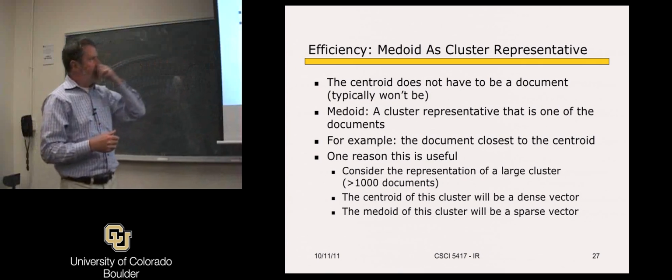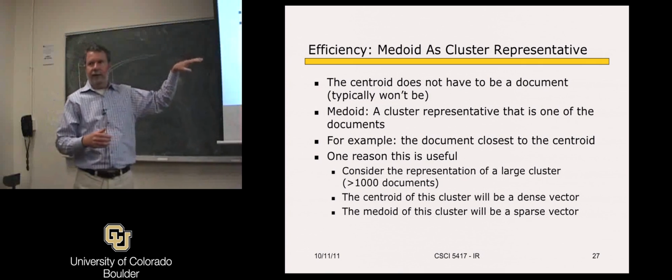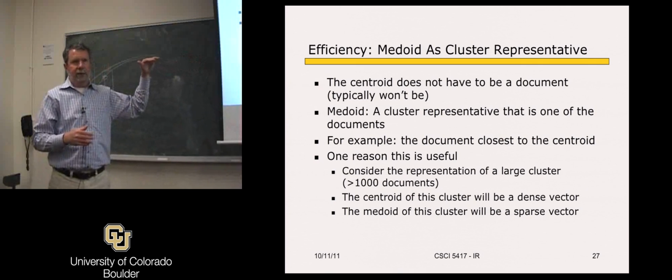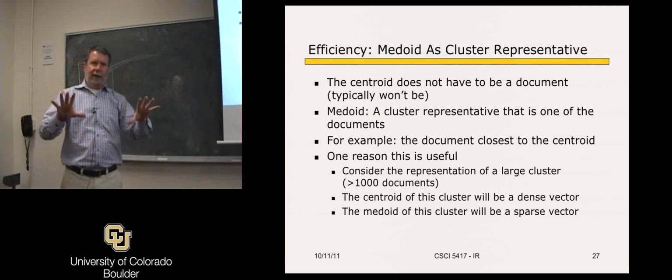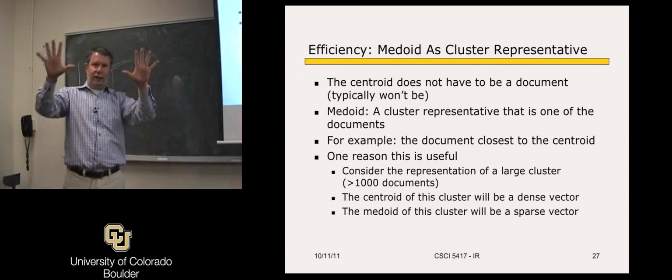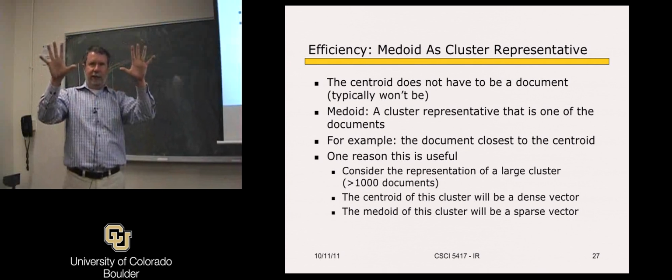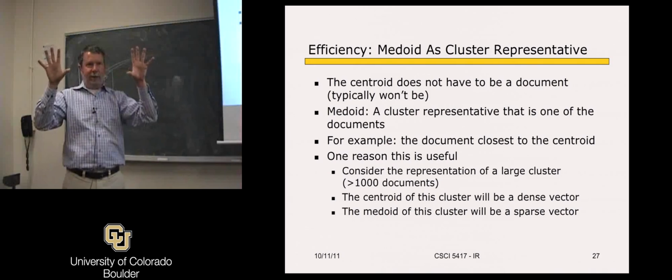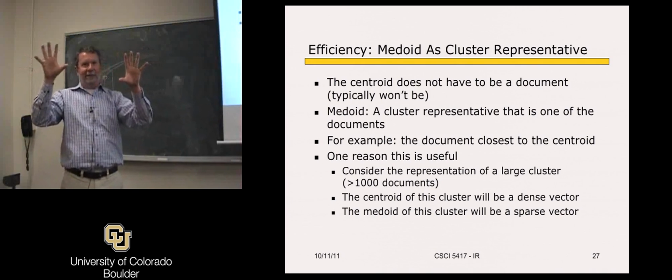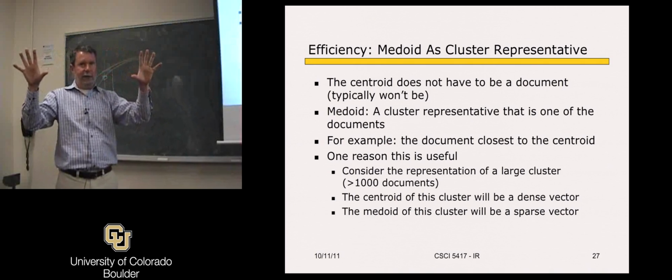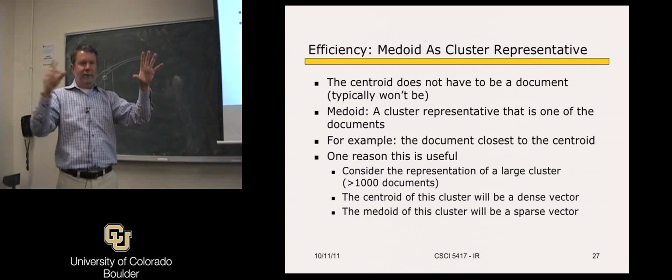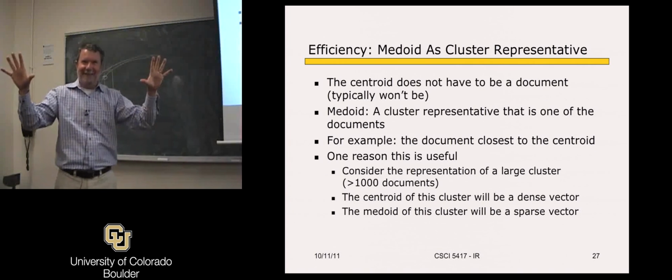That's also used sometimes as an indicator of whether or not I've got a problematic or degenerate case, because you can run into situations where you've got a cluster that's been produced that looks like this. I don't know what this looks like to you, but I've got 5 documents over here and 5 documents over here, so I have 10 documents in my cluster. Where's the centroid? Right? The centroid's where my nose is, right?